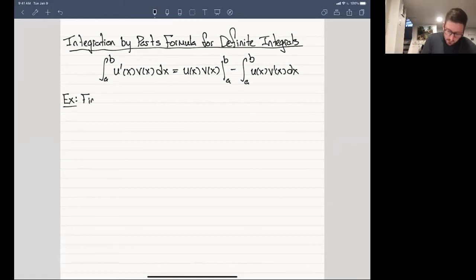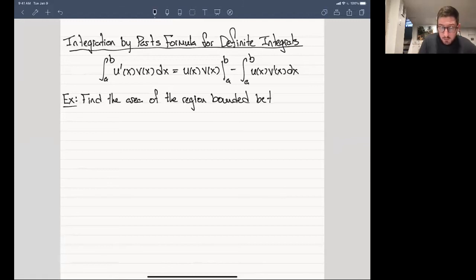Let's say, find the area of the region bounded by the curve y is equal to x e to the minus x, and the x-axis, from 0 to 4.